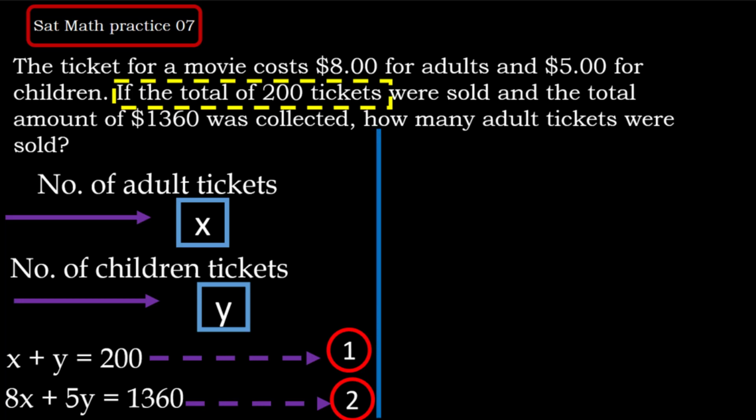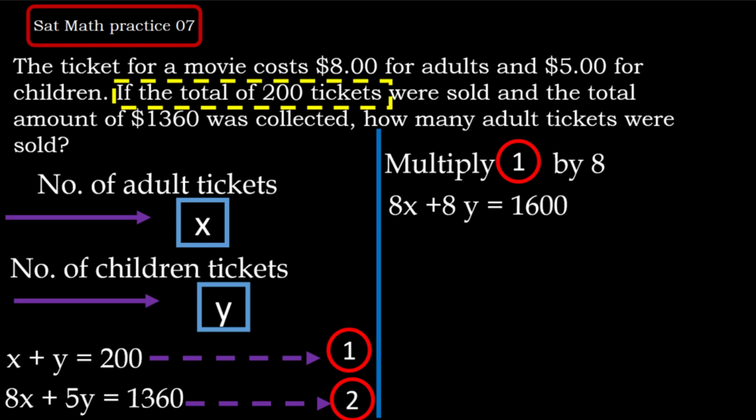We have 8x in equation number 2. To equate the x variable, multiply the first equation by 8 and subtract the two equations to find the value of y. Now we get 8x plus 8y equals 1600.